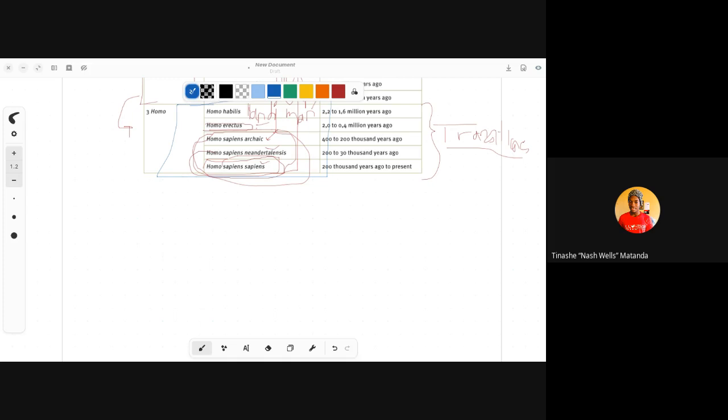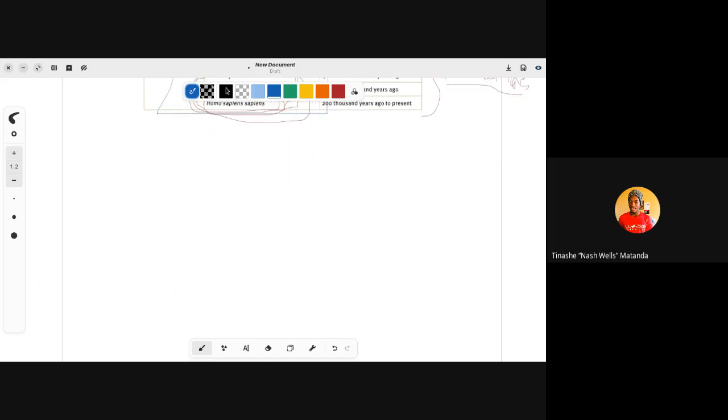So now we're going to get into the Africa part. Okay. So this is where they came up with what is known as the out of Africa hypothesis. Out of Africa hypothesis. Note it's a hypothesis. Okay, it's not yet a law, it's not yet a theory. Okay, we're still gathering enough evidence to actually prove this hypothesis.